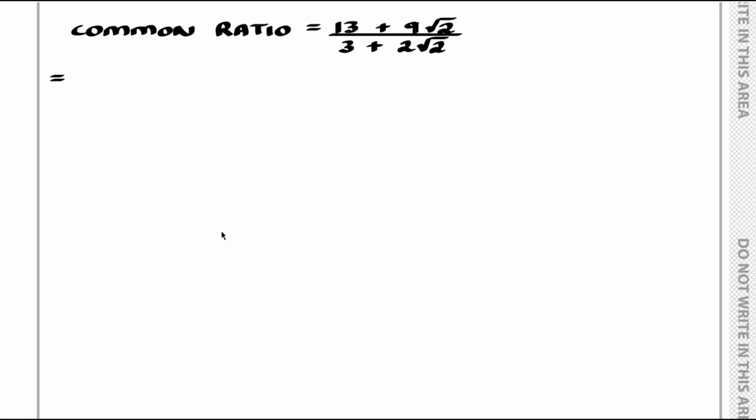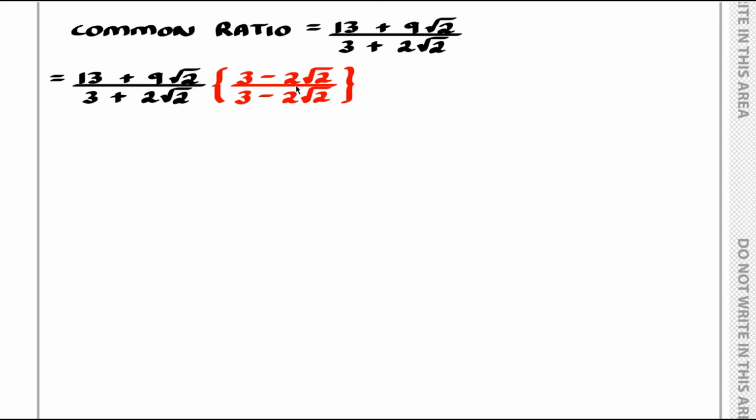I'm going to multiply both the numerator and the denominator by the conjugate of the denominator. That is to say, we multiply by 3 subtract 2 root 2 over 3 subtract 2 root 2. It's as though we are multiplying by 1.